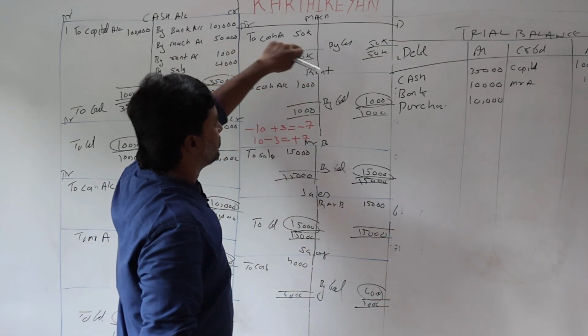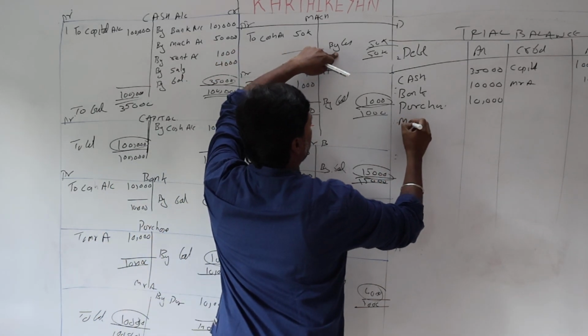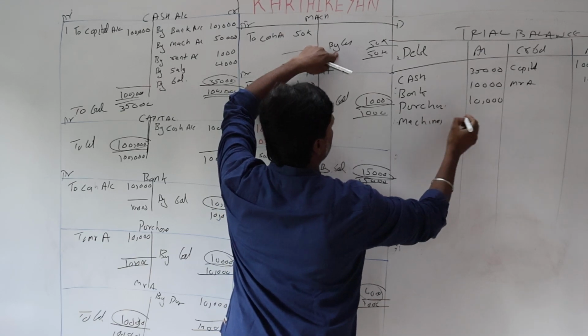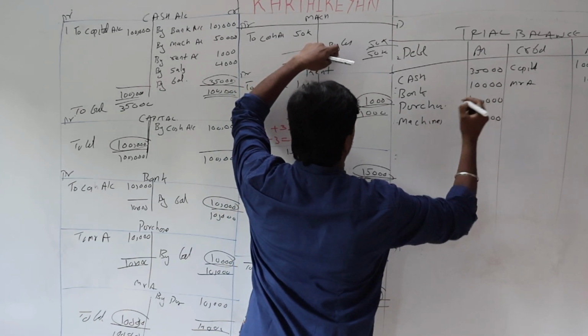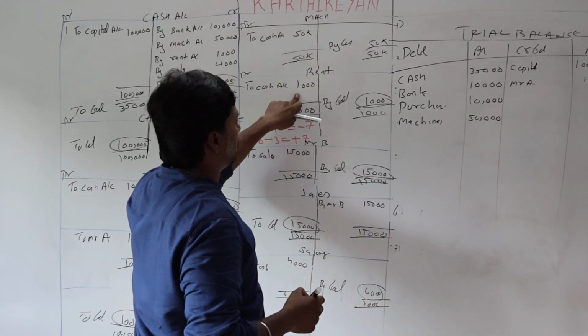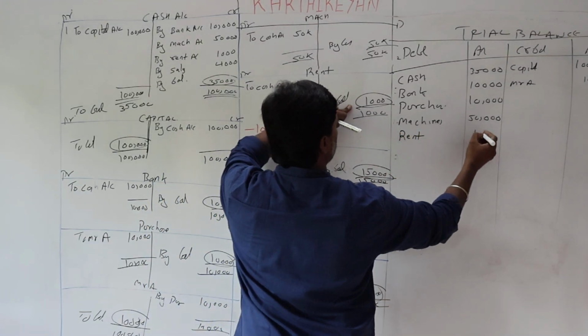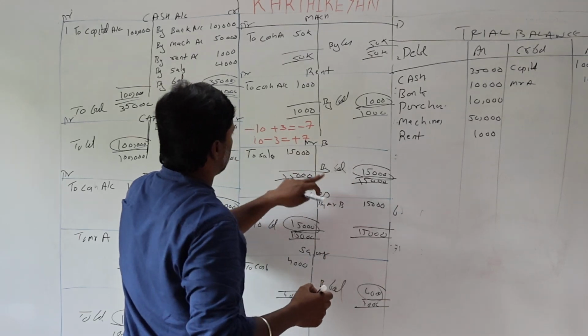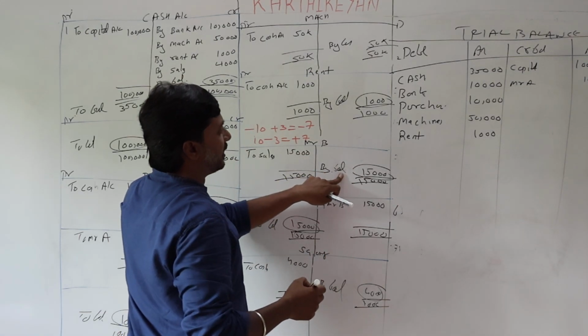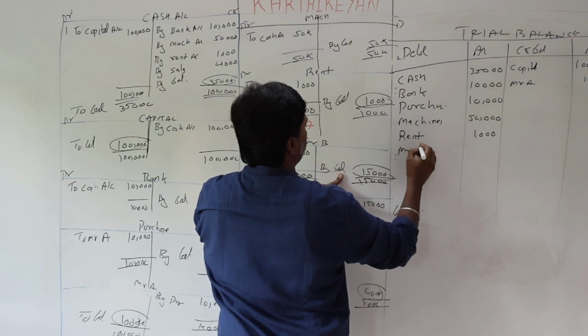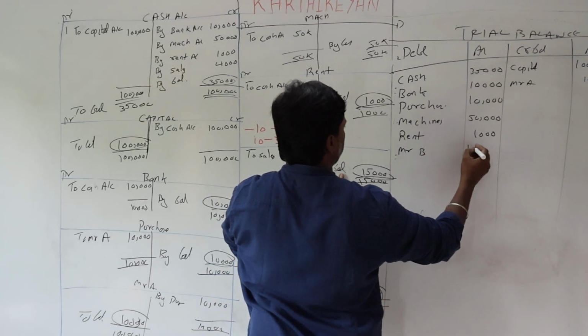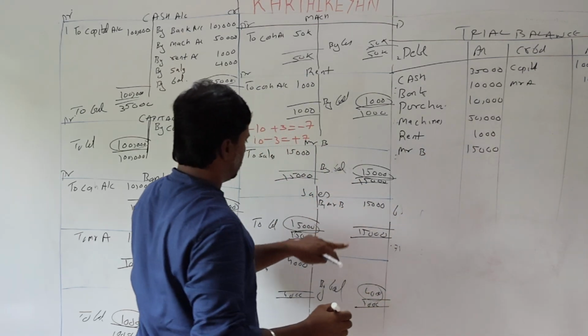Machine, credit side, so here it will come on the debit side. Machinery, 50,000. Rent, credit side, so here on the debit side. Rent 1,000. Mr. B, credit side, so here on the debit side. Mr. B, 15,000.